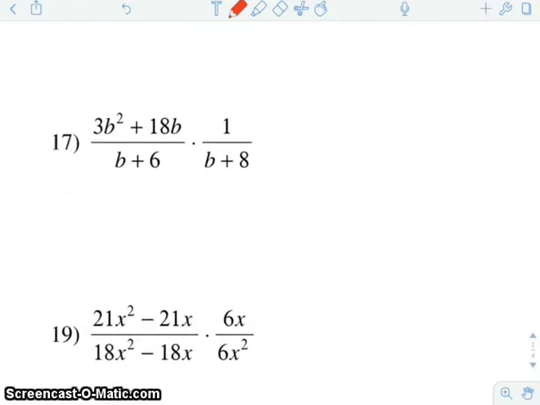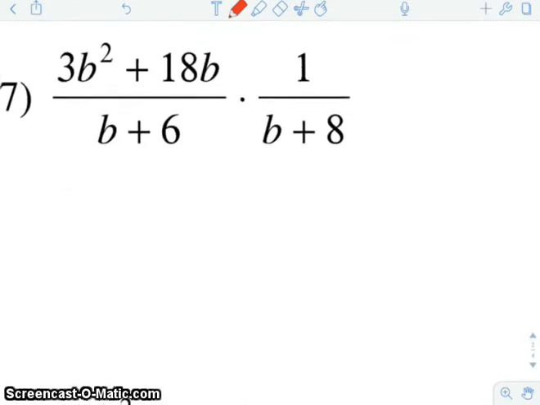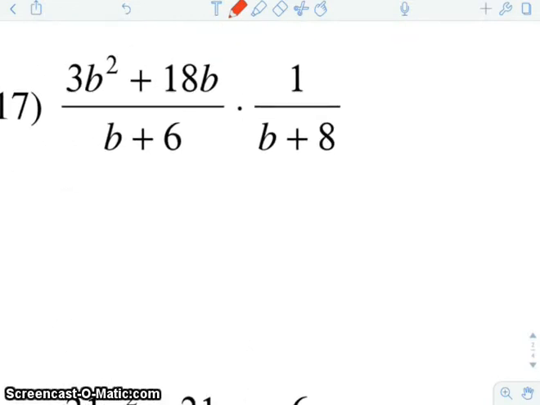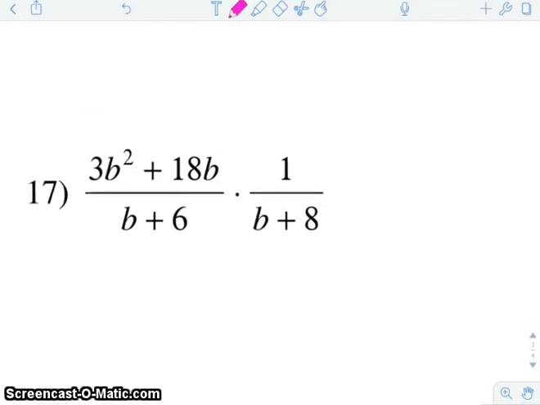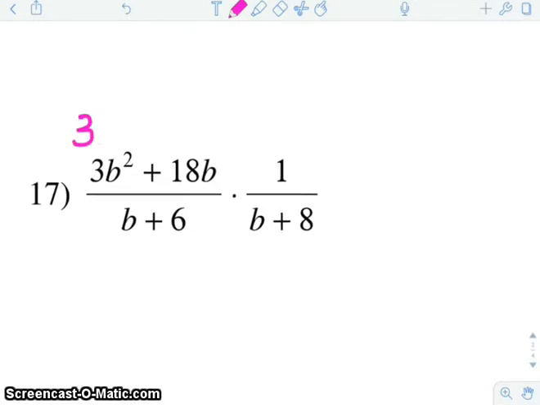Look at one more example here. Number 17, it says 3b squared plus 18b all over b plus 6 times 1 over b plus 8. So again, I don't see anything right off the bat I can cancel, but I can factor this. So I can factor this into a 3b and be left with b plus 6. Factor by taking out the GCF.